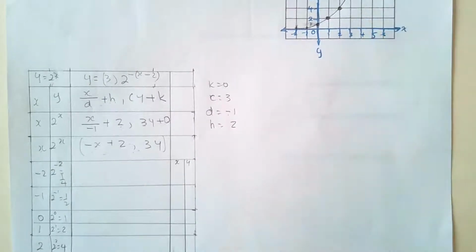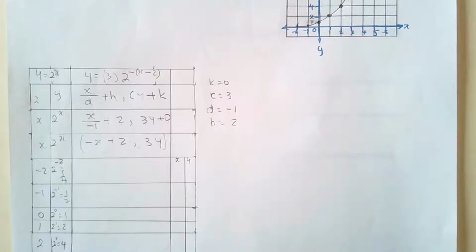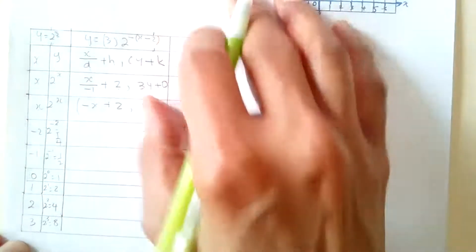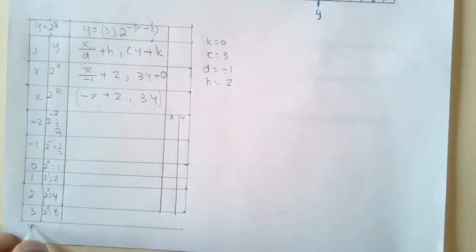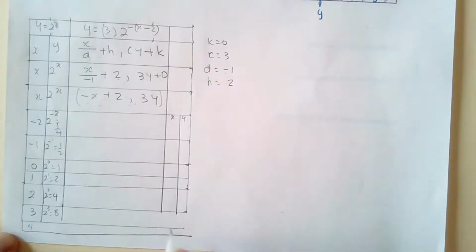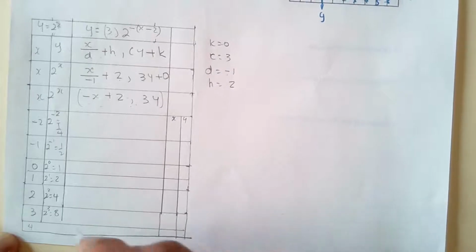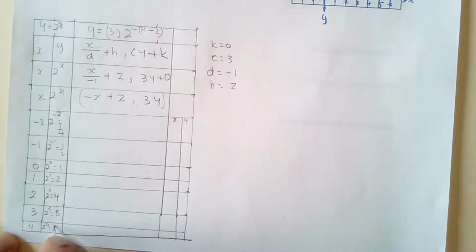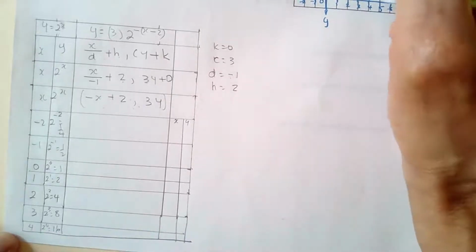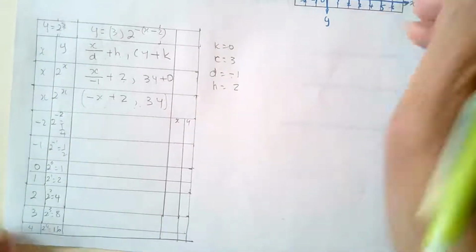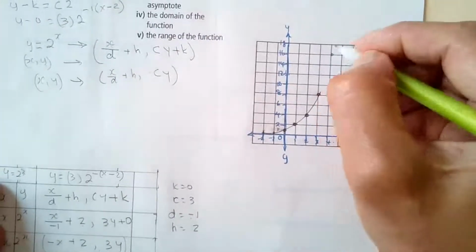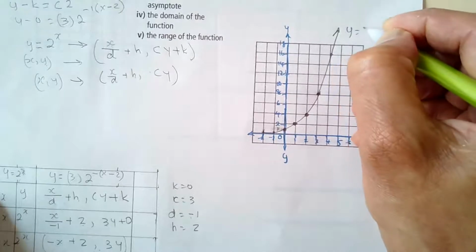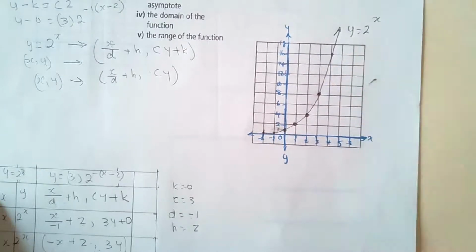We can go one more, you don't need to, but that's a little bit of fun. It gives us 16, so 4, 16 should be up here. X is 4, y is 16, so I can connect. So this is my graph, y is equal to 2 to the power x.